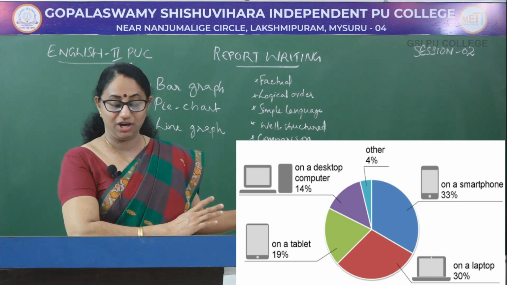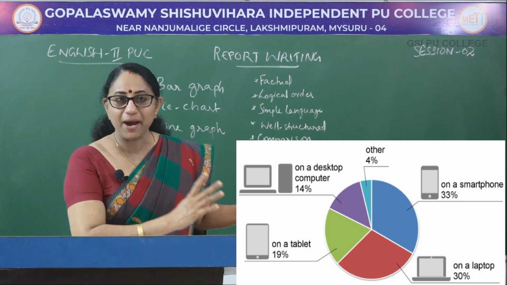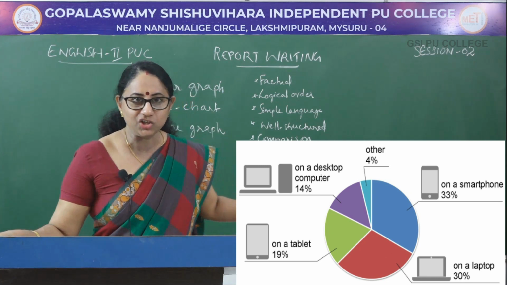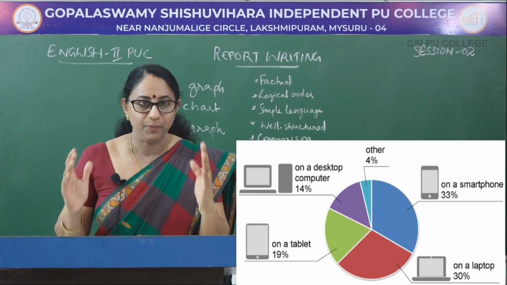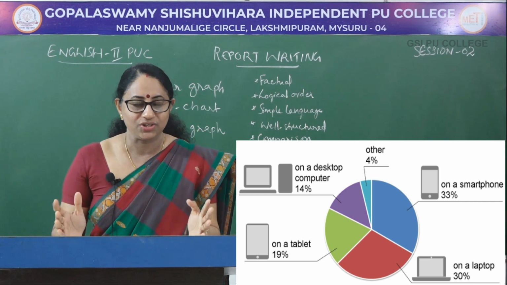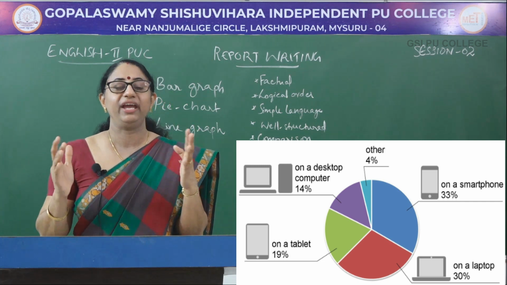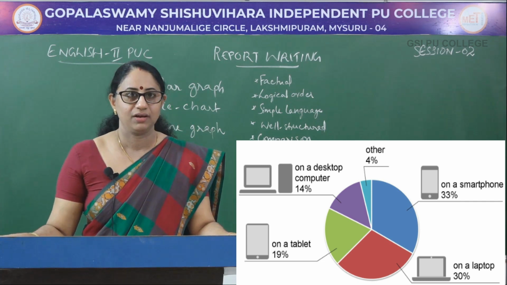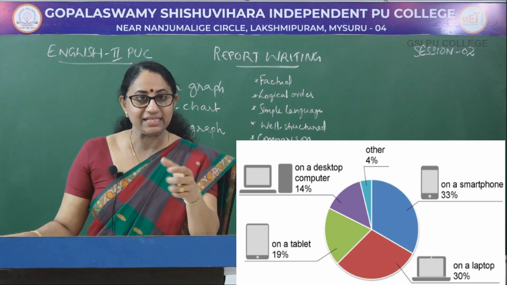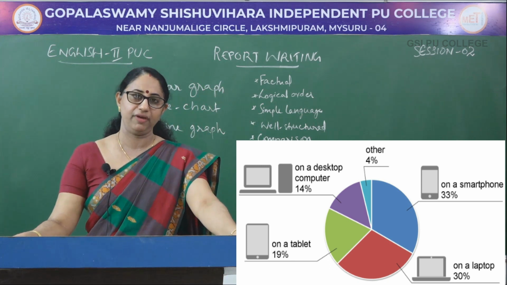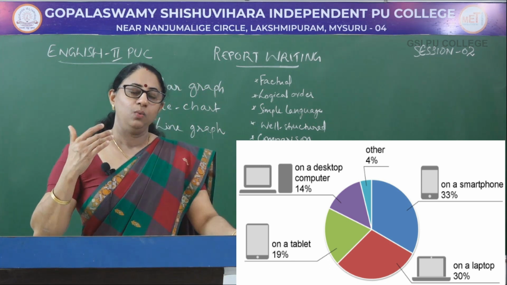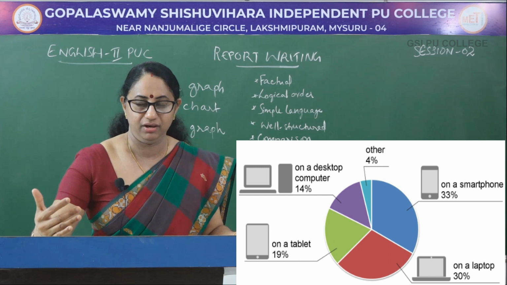So you have a pie chart here, and what does the pie chart represent? The pie chart tells us about the people using internet in various devices. So a survey is conducted among people who were above 16 years of age, and which devices did they prefer?